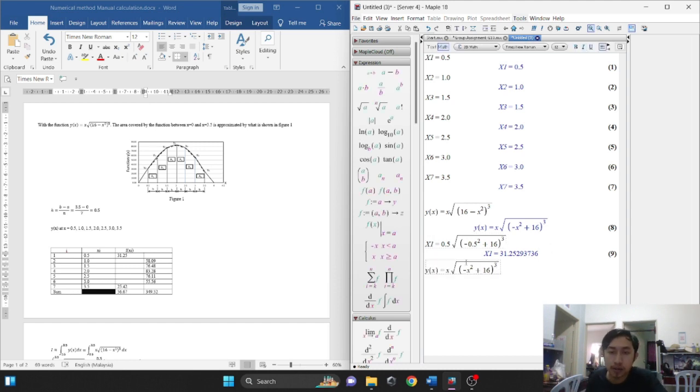Then second, change x equal to 1.0, enter, and this is the answer for x2, which at 1.0 is equal to 58.05. Second is 1.5.